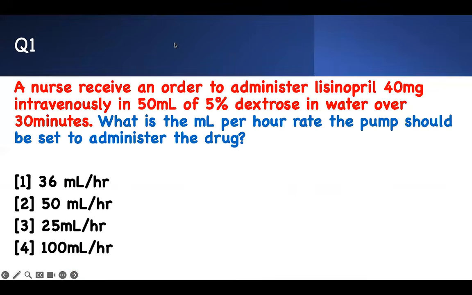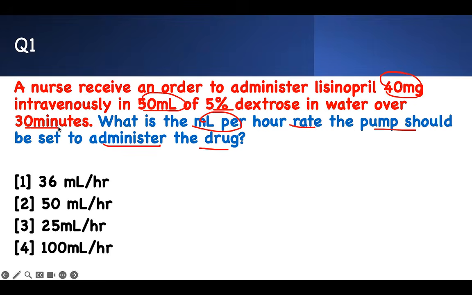First question is a dose calculation in medication administration, right? What is the ml per hour rate the pump should be set to administer the drug? You receive an order to administer Linezolid 40 milligram intravenously in 50 ml of 5% dextrose in water over 30 minutes.